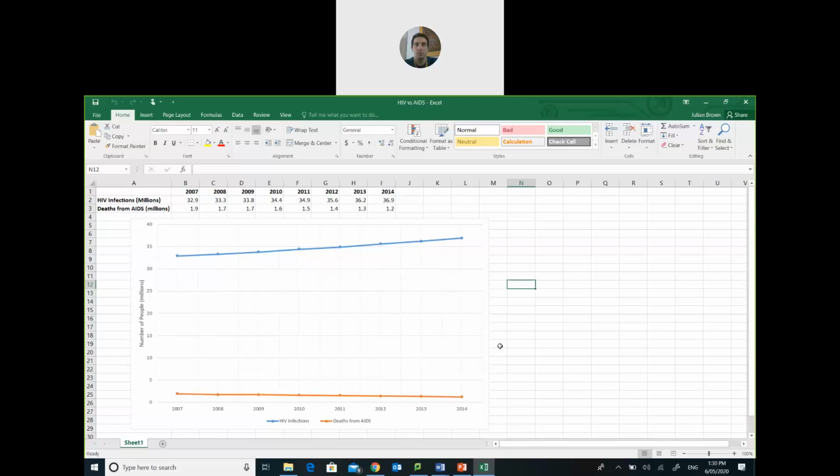So we may just have better testing procedures, which would lead to an increase in the number of confirmed cases. Because remember, this is just the confirmed cases that we're seeing. It's not every case, potentially. And it's the same with the COVID-19 thing now.